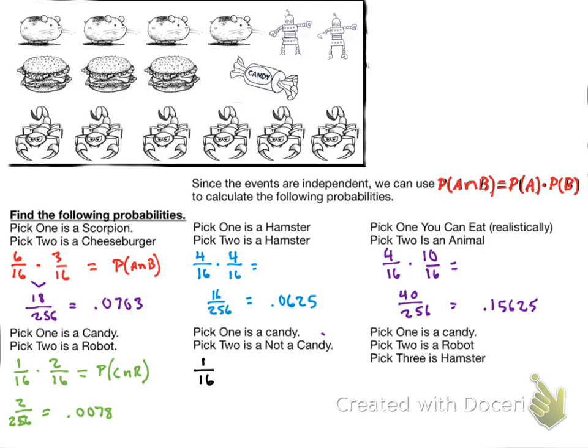So not a candy means everything other than candy, which is the 15 other stuff in there. So 15 times 1 is 15, 16 times 256. Now 15 divided by 256 gives me 0.0586.